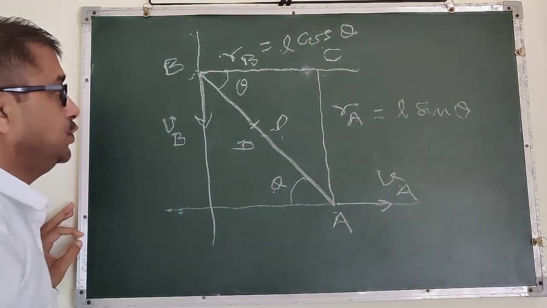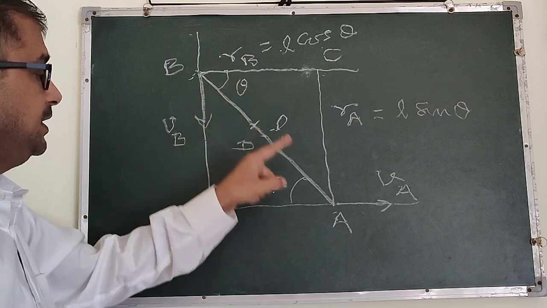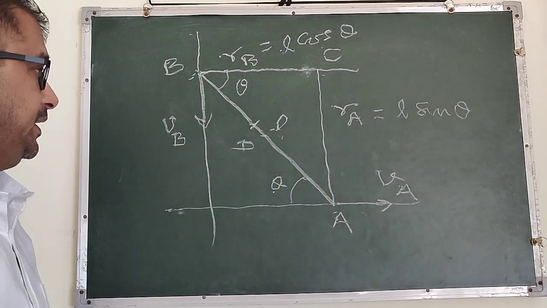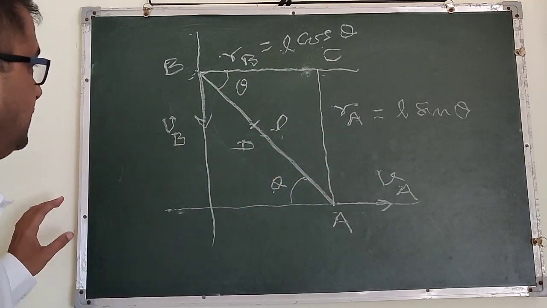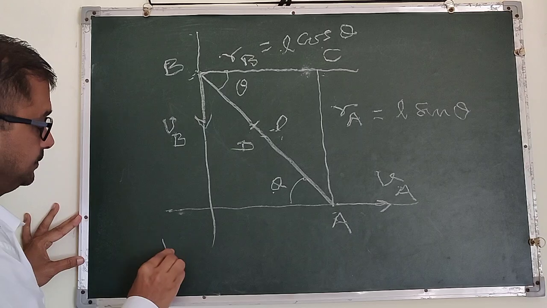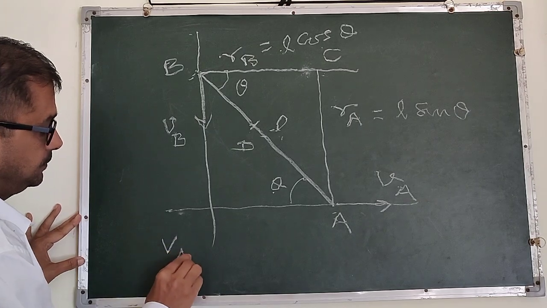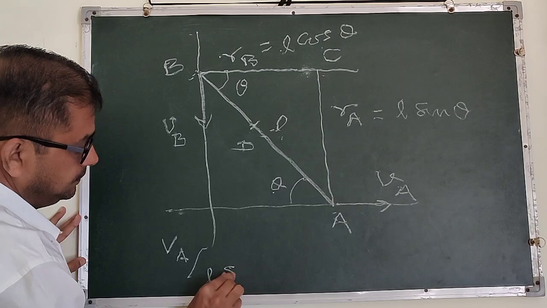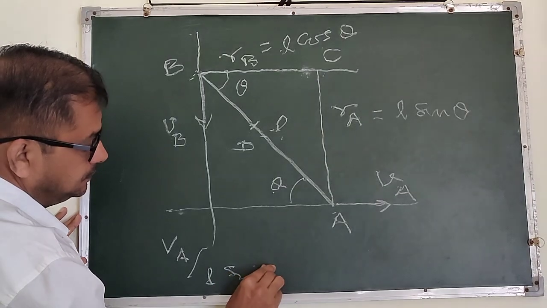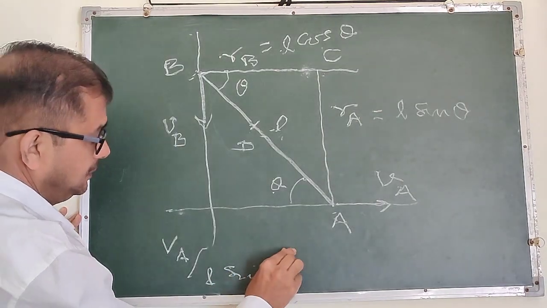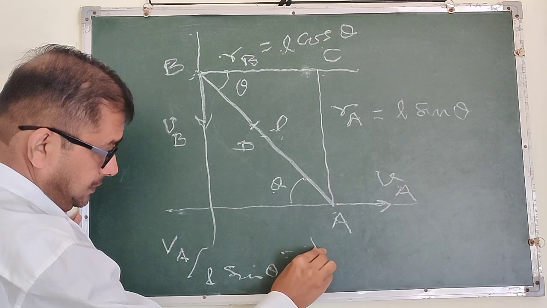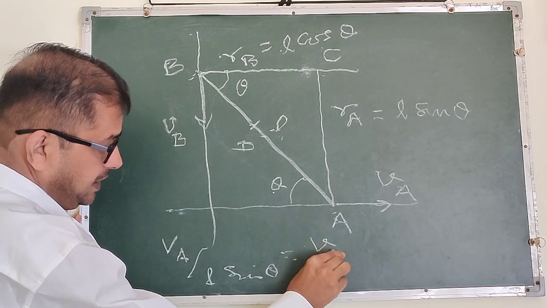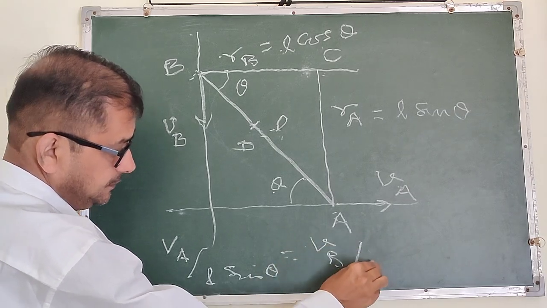The same concept we will use: VB upon RB is equal to VA upon RA. So we can find the relation: VA upon L sin theta is equal to VB upon L cos theta.